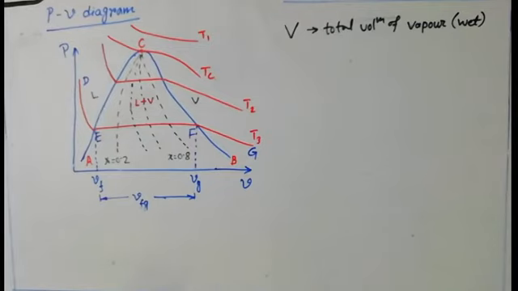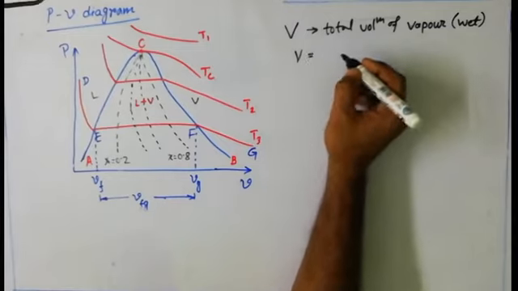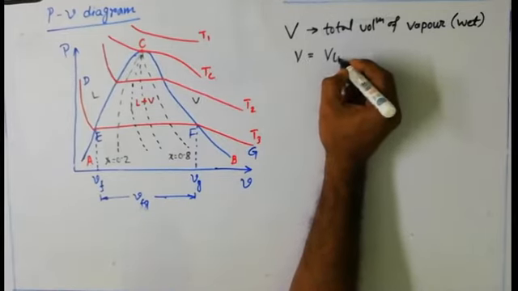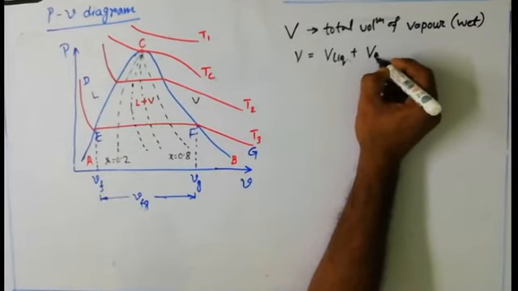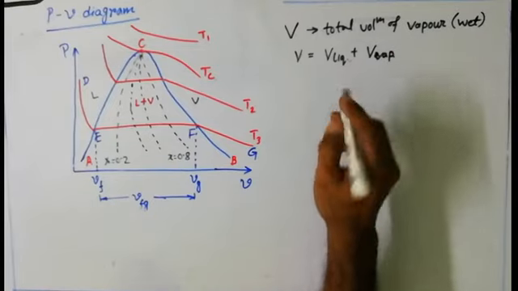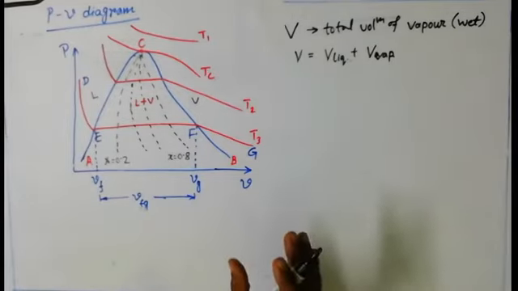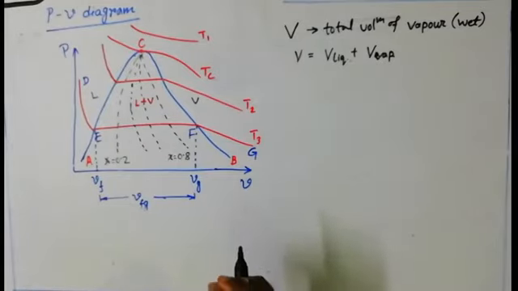That total volume of wet vapor can be written as V liquid plus V vapor, isn't it? Why is it so? Because some liquid, that means some moisture part, must be there, as well as some vapor part. That is the mixture. For every wet steam, some vapor part, some dry part will be there, and some moisture part will be there. That way it will form a mixture.